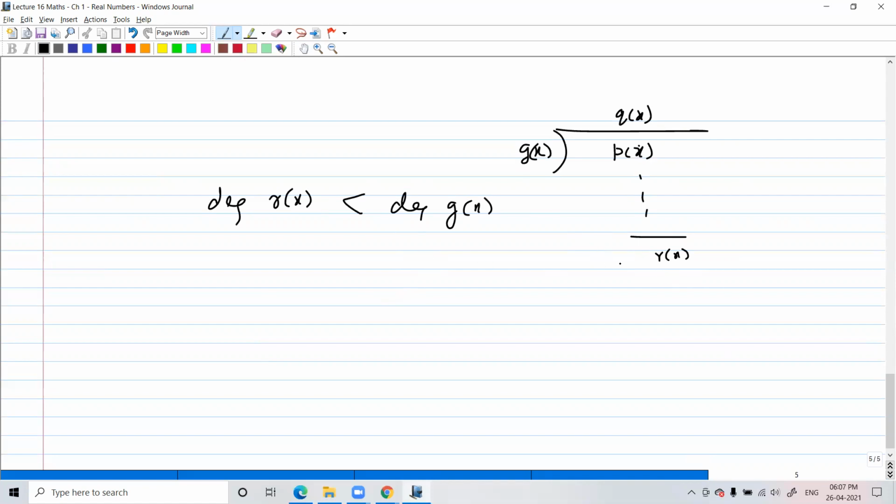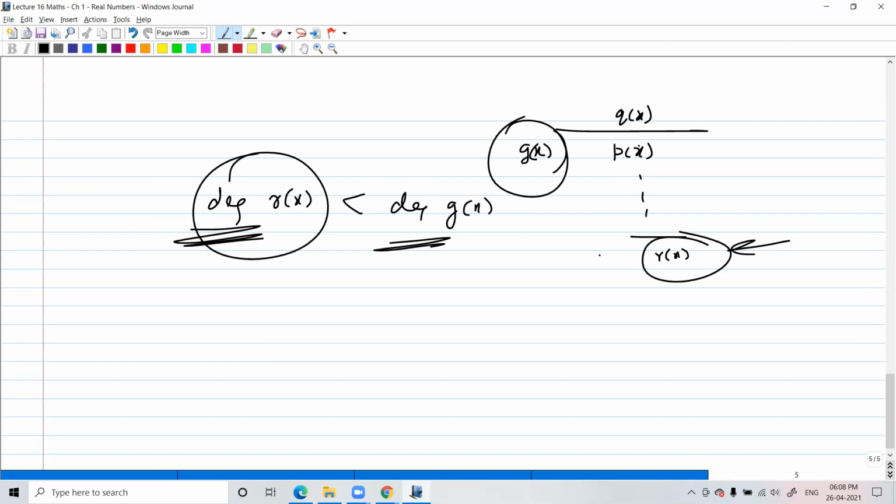Okay. So in terms of polynomials, we were talking in terms of degree, not the value directly. And why were we not talking value directly? Because just now I explained to you, values of polynomials are not fixed, so we can't compare which one is bigger or smaller. But degree can be compared. So in terms of degree, R(x) has a lower degree compared to g(x), which is the divisor.